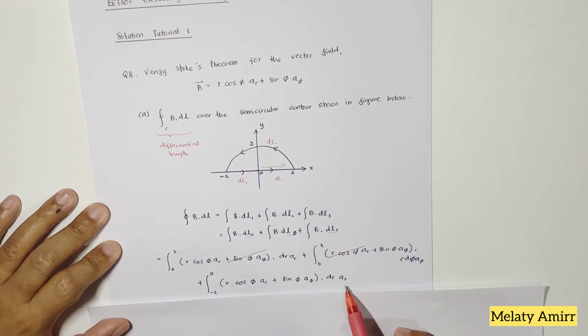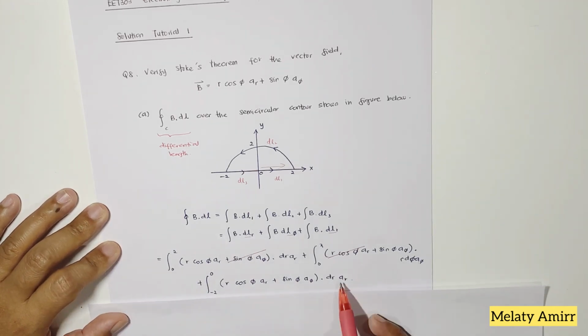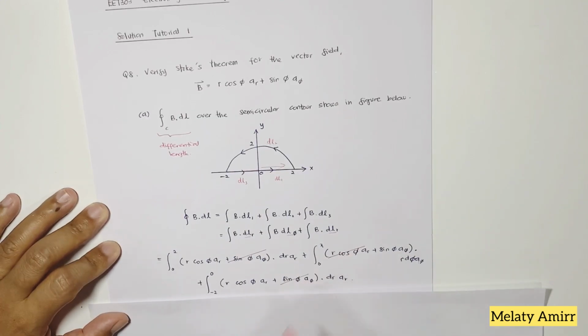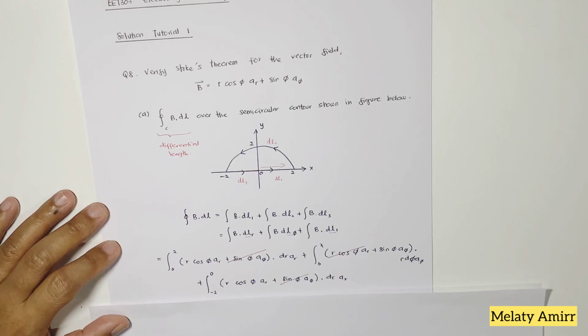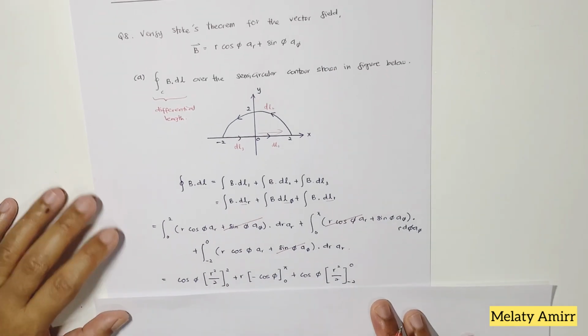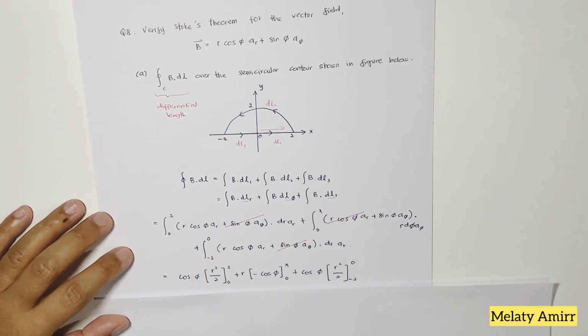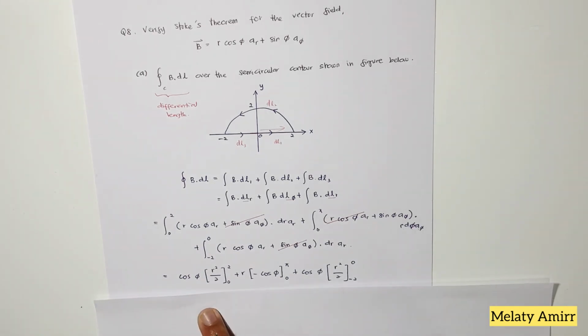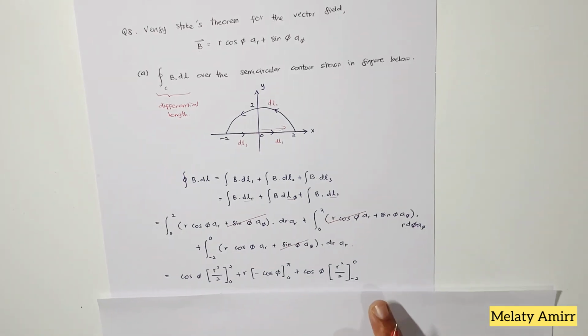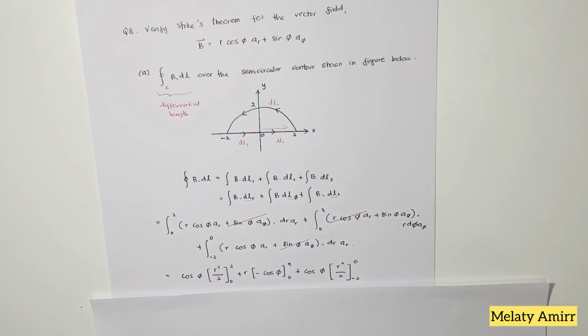The third part, a_r dot a_r equal to 1, leave it, and a_phi dot a_r equal to 0 cancels out. So next, just solve the integration, and you will get like this.